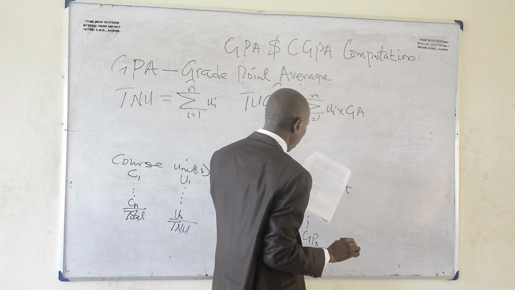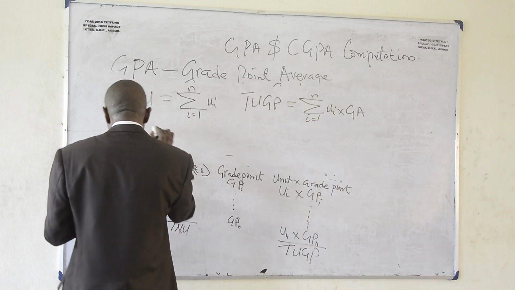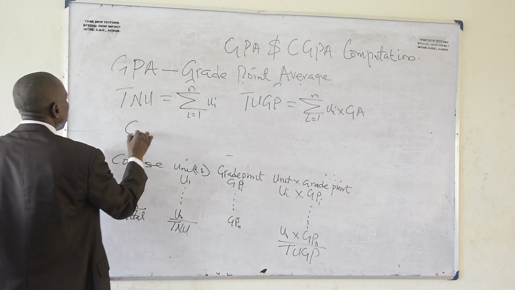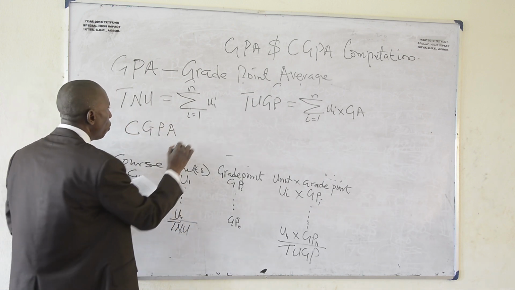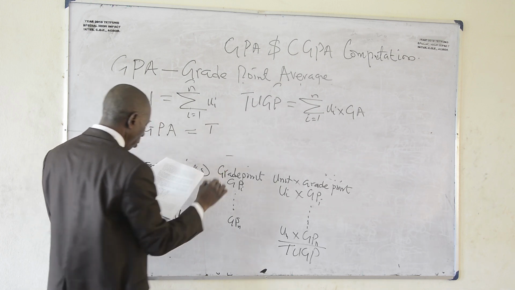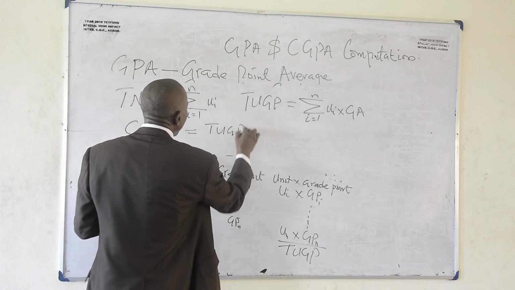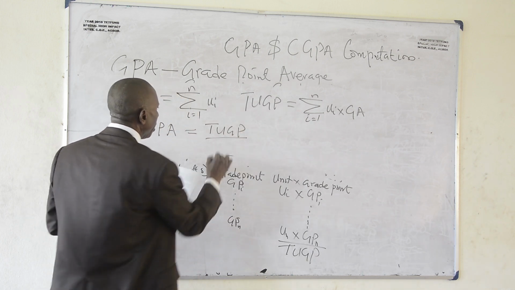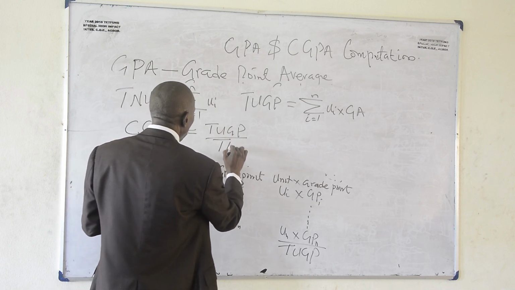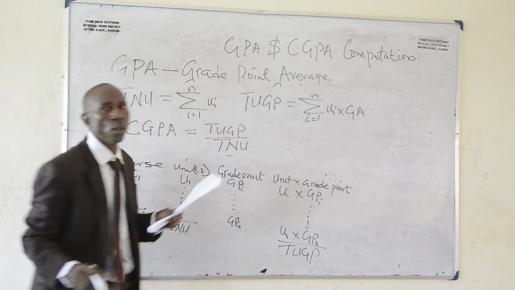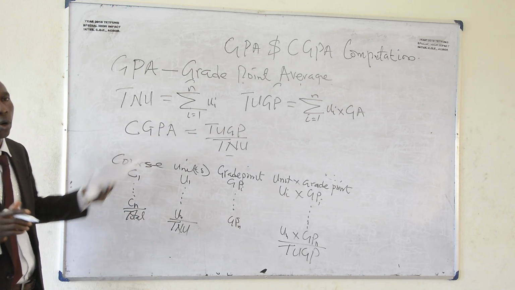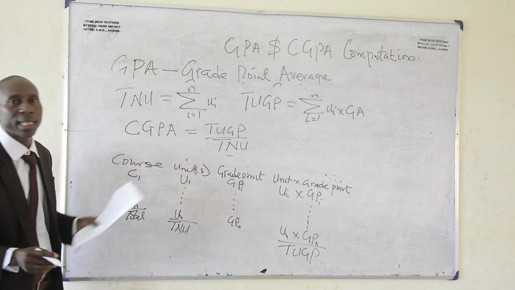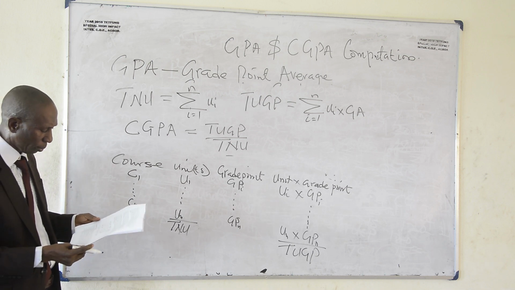And then your CGPA will be equal to the total unit grade point divided by the total load units. So with this, you can conveniently calculate your GPA at any given point.